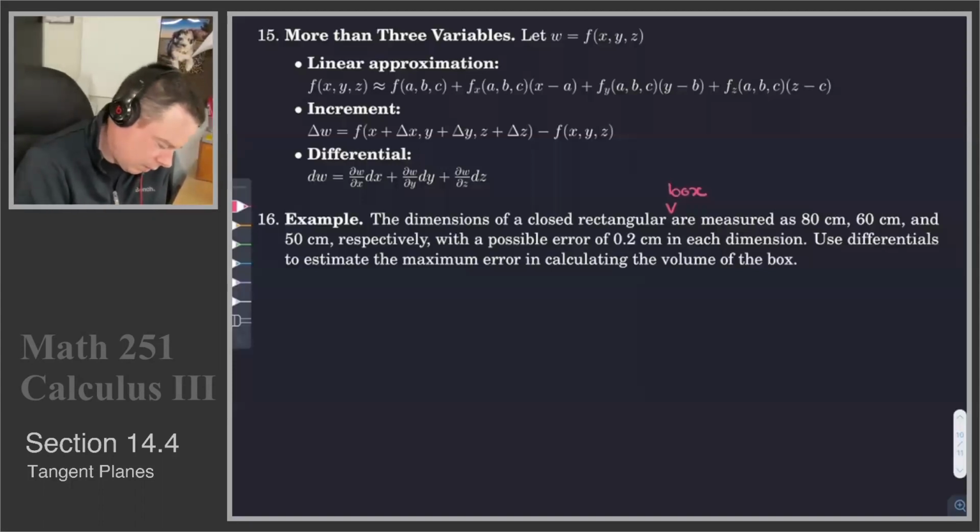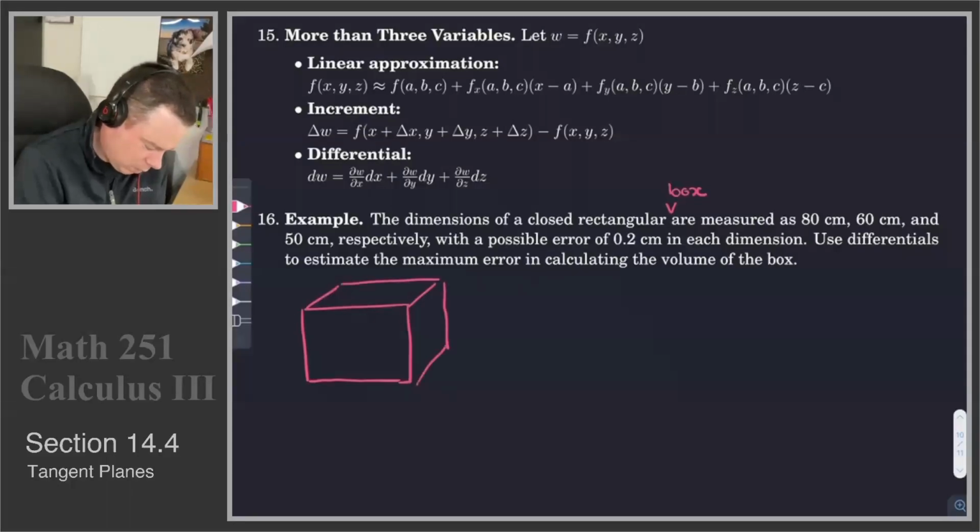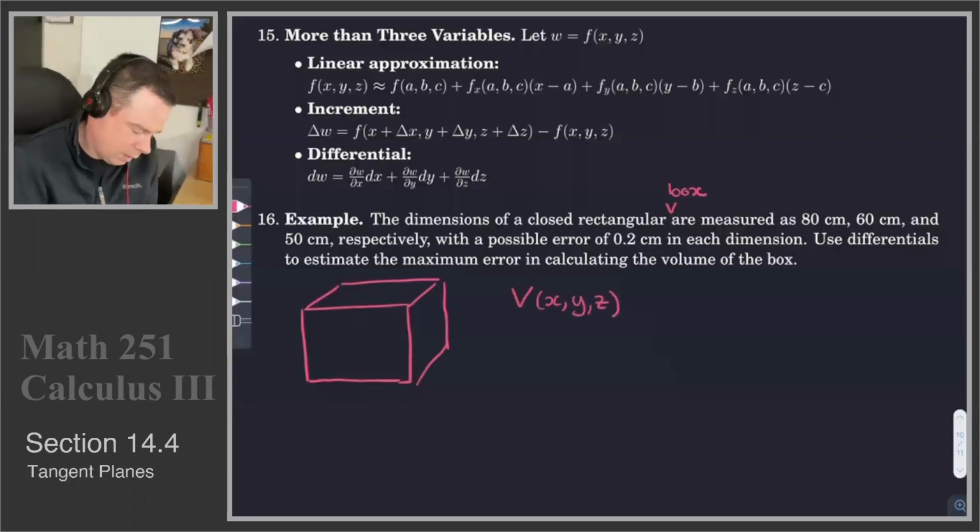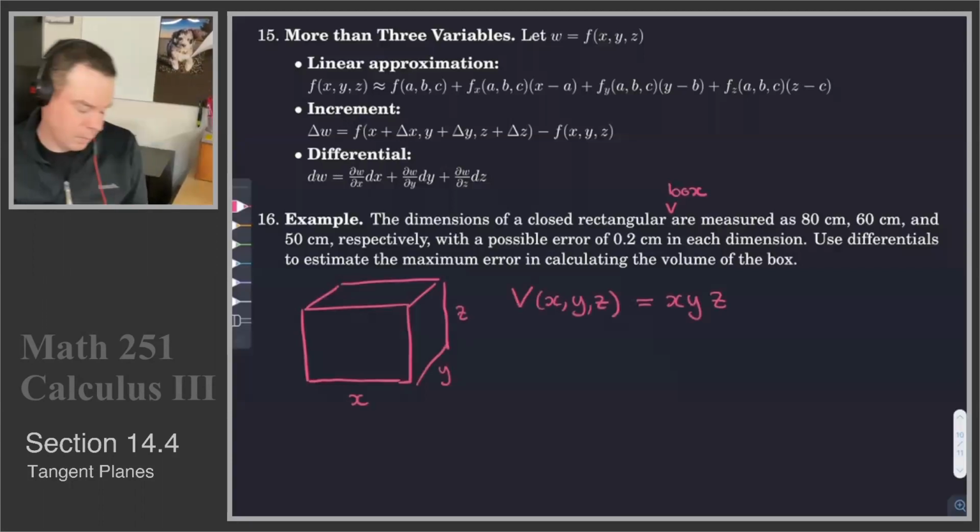So let's have a look at our rectangular box and our calculations. So we've got our rectangular box here. We're going to compute our volume. Our volume is going to be a function of 3 variables, x, y, and z. Maybe I'll label them as x, y, and z.